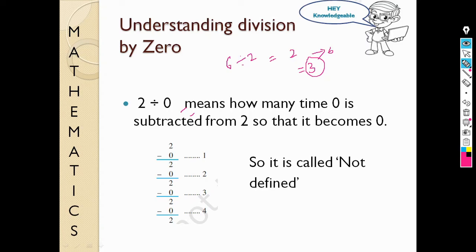I think this will never become 0. That's why it is called not defined. In the diagram, the first time you subtract, it remains 2. The second time you subtract, it remains 2, and it will remain 2 forever. So 2 divided by 0 is undefined, or not defined.